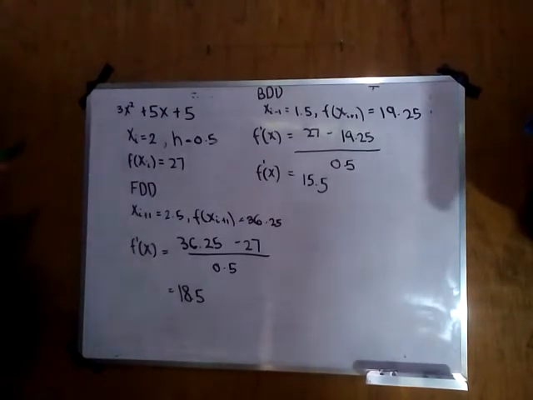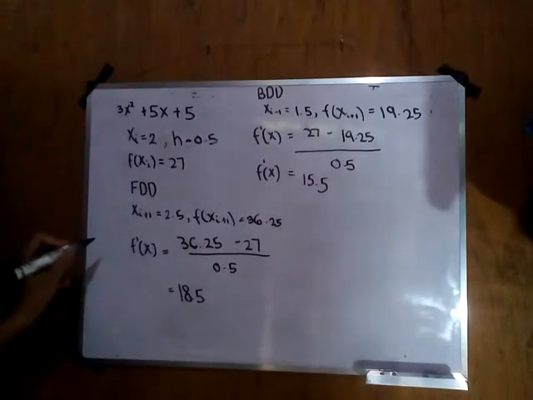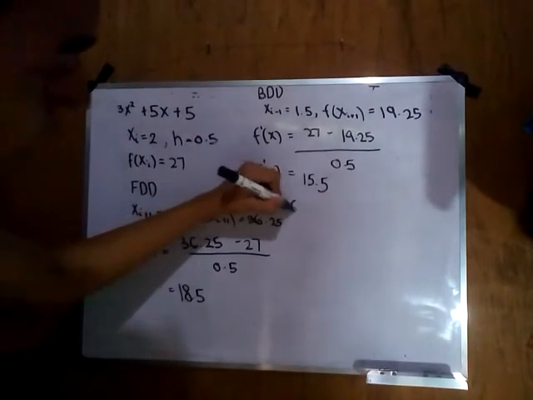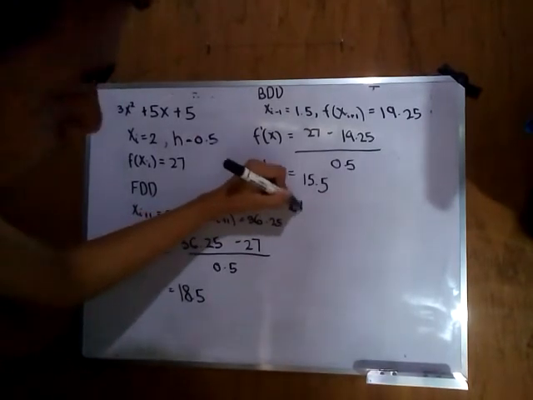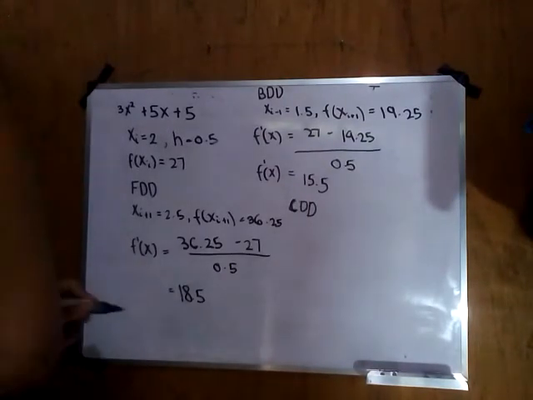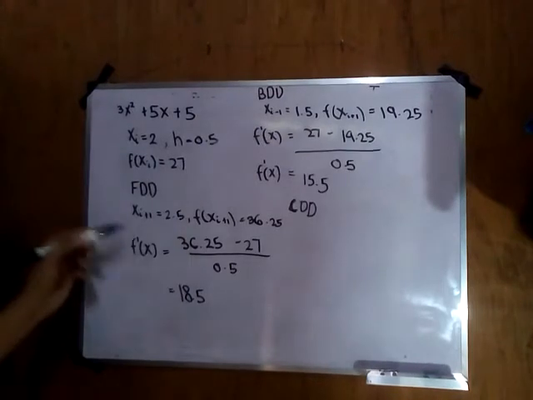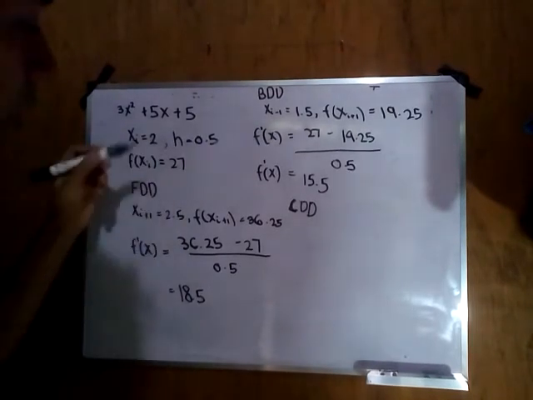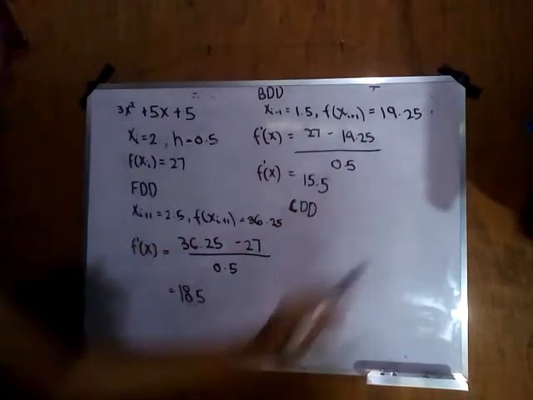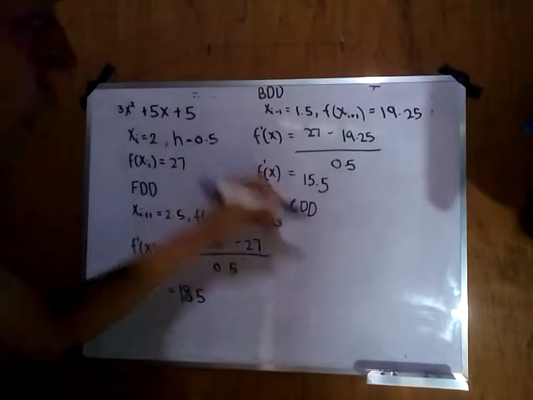So now let's solve the value of our slope at point 2 in CDD, or center divided difference. Since we have the values of x sub i minus 1 and x sub i plus 1, we will directly substitute these values into our equation for CDD.